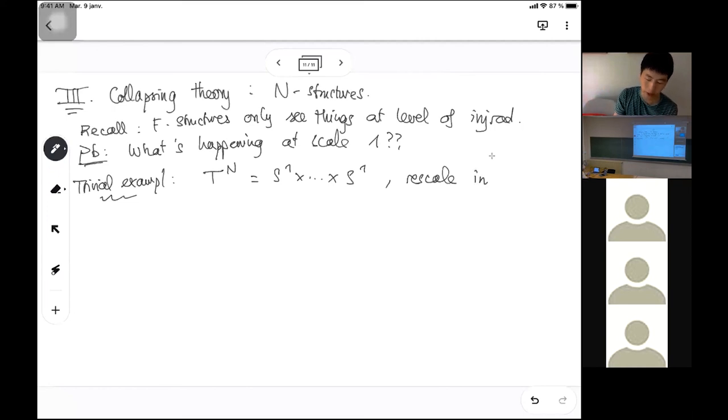You have the flat metric, and you rescale each factor at a different speed.